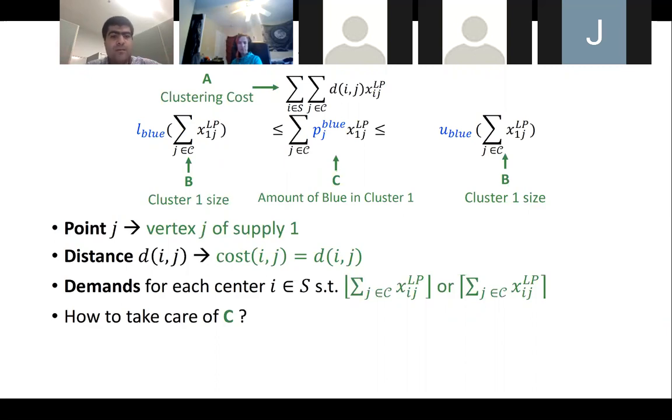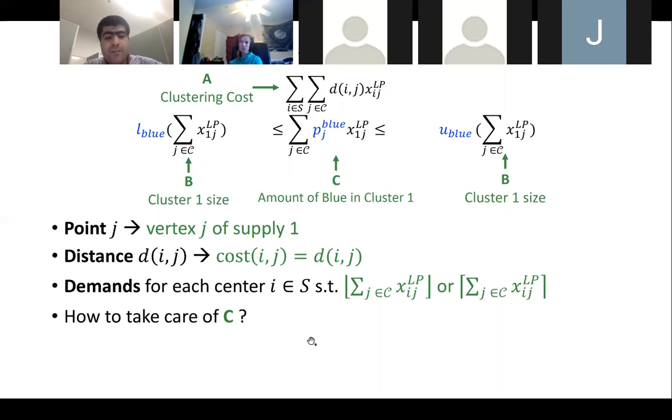At a high level, the network flow diagram assigns, for every point j, a vertex of supply 1. That's basically kind of like xij being equal to 1 or 0, right? And because the flow has to be an integer, this decides which center it's going to be sent to. The distance d of i and j is encoded in the cost on the arc where the flow goes.